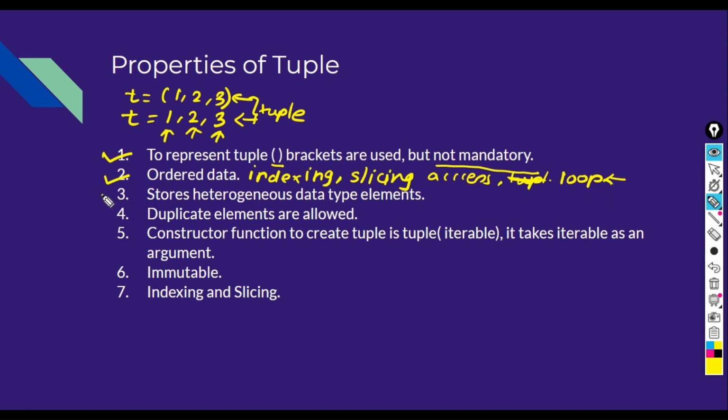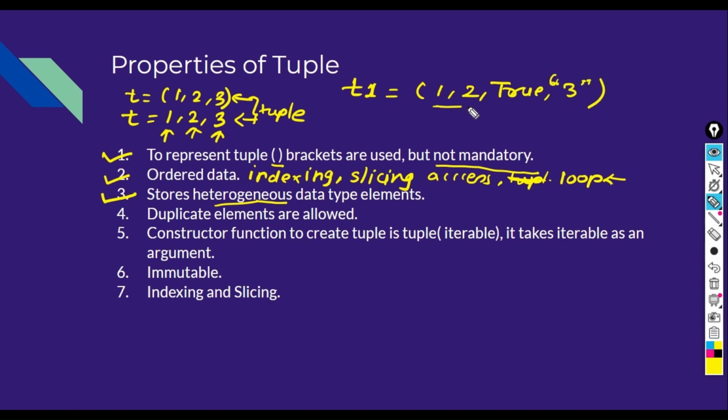The next point is it stores heterogeneous data type elements. Heterogeneous data type means different data type elements you can store. For example, if t1 tuple is there, in this tuple I can have integer data type, then boolean data type, then string data type, right?